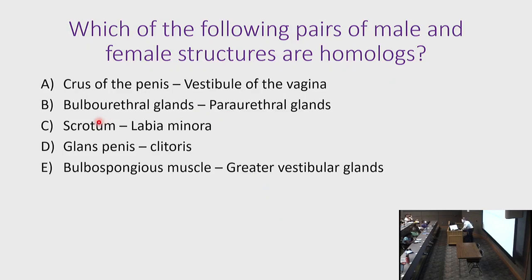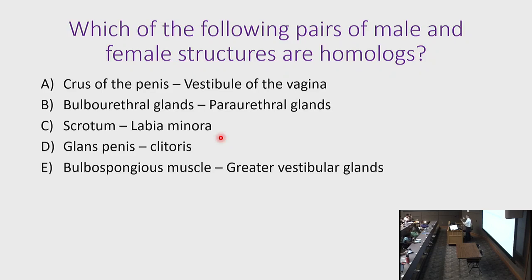Right? How about the scrotum? Is that the homolog to the labia minora? Now, what's the homolog to the labia minora? It's the ventrum skin of the penis, right? So remember when we're talking about the male genitalia, in anatomical position, that is going to be erect and up.